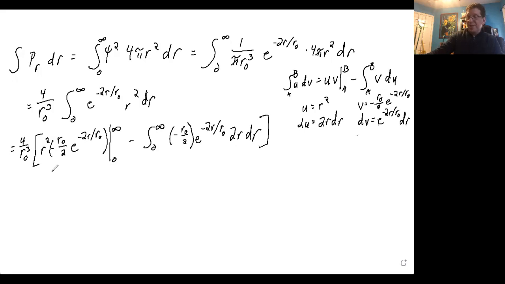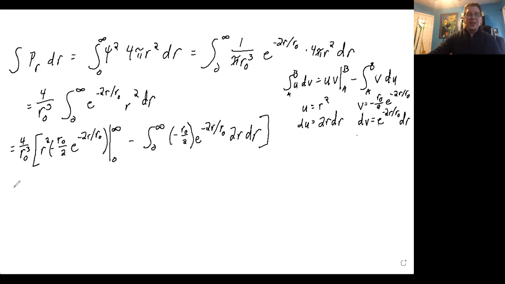The first one simplifies really easily. The e to the negative infinity is 0, and because there's an r squared term, the function is also 0 at r equals 0. So it's 0 at both ends, so this is simply 0.